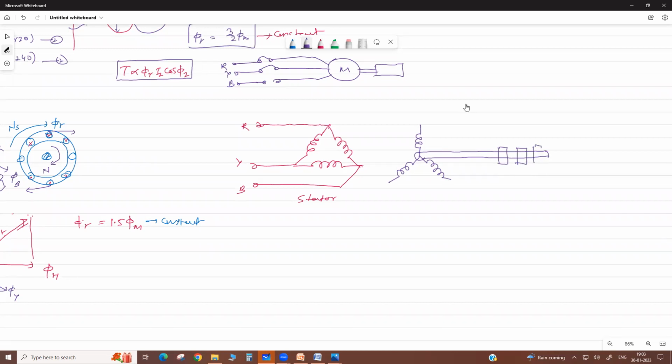Now here there is an external resistance with two positions, running and starting. Under starting condition, this resistance is connected in series with the rotor.